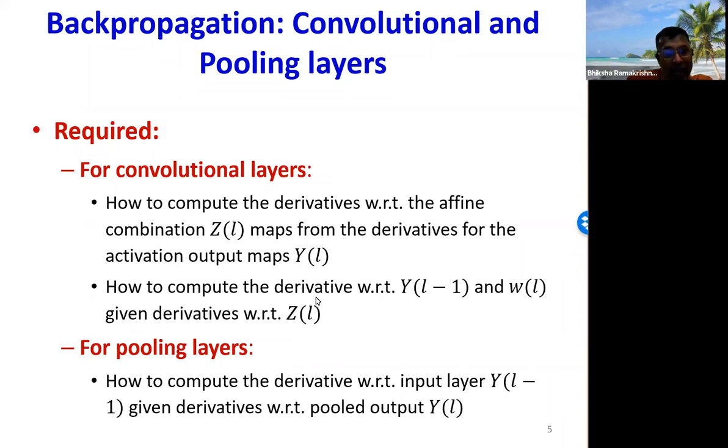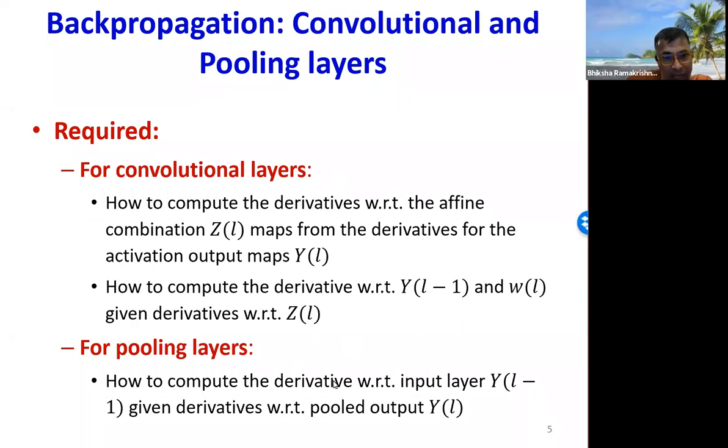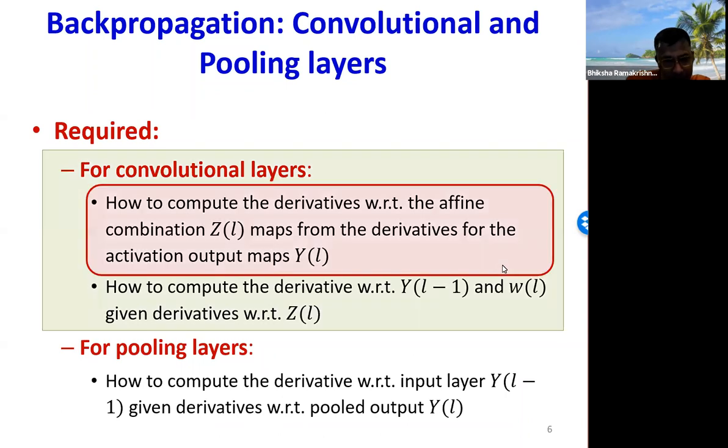Then, given the derivatives with respect to Z of L, how do you propagate the derivatives further back and compute derivatives with respect to the maps from the previous layer, Y of L minus 1, and also the derivatives with respect to the Lth layer filters? Now, this is for convolution layers. For pooling layers, given the derivatives with respect to the pooled output, we need to figure out how to compute the derivatives with respect to the input to the pooling, so with respect to the previous layer.